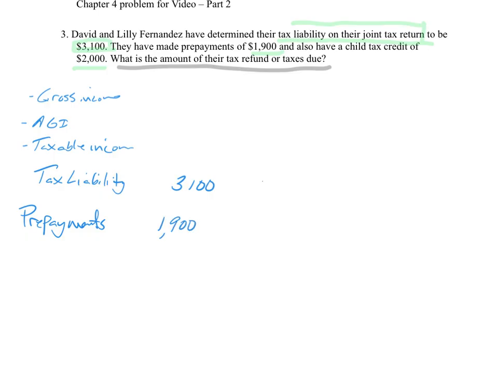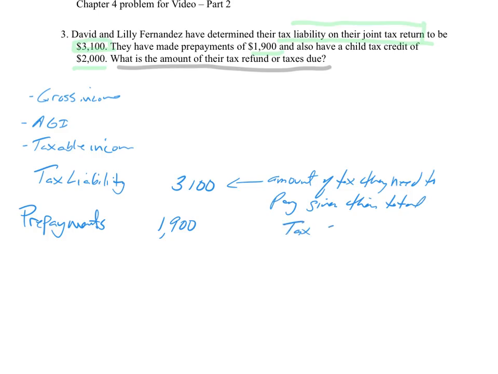So what does that mean? So their tax liability is the amount of tax they need to pay given their total tax situation.